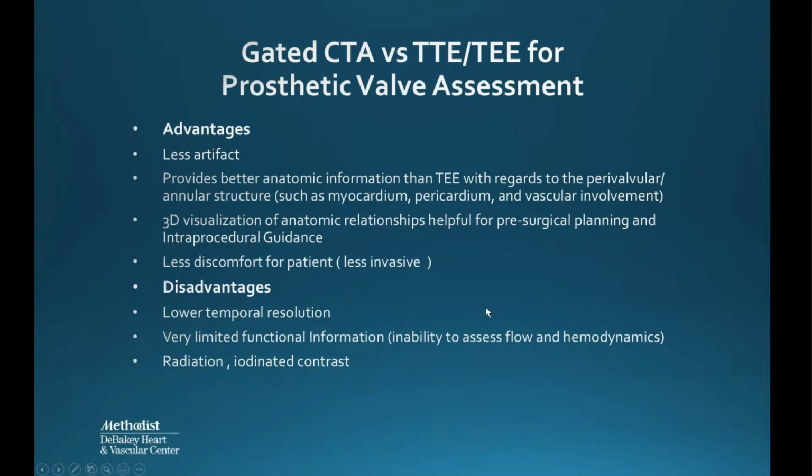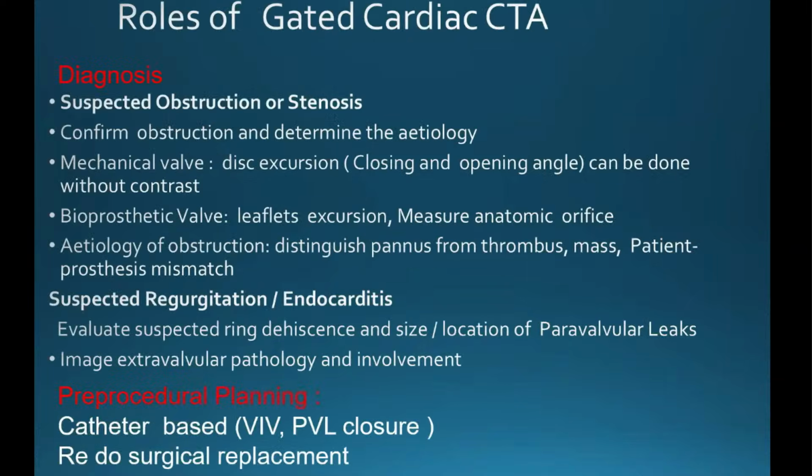So CT will never be the first test of choice for evaluation of a patient with suspected prosthetic valve dysfunction. It has to have at least a transthoracic echo first before you consider a CT as part of your workup.